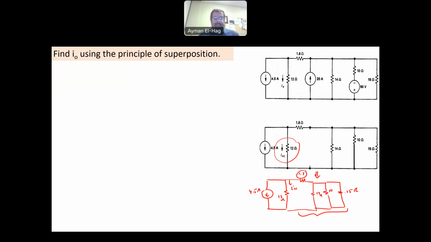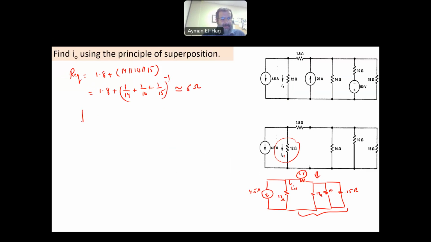So your R equivalent is equal to 1.8 plus 14 in parallel with 10 in parallel with 15. So this is equal to 1.8 plus the inverse of 1 over 14 plus 1 over 10 plus 1 over 15, to get the equivalent resistance, and this is approximately equal to 6 ohm.